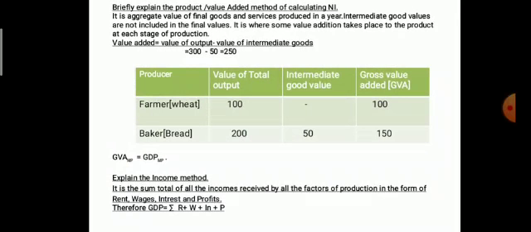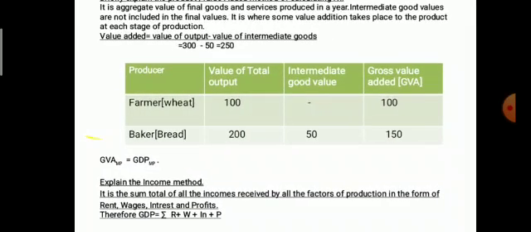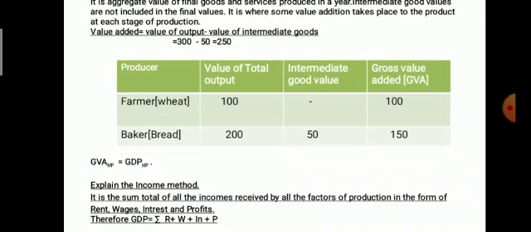We have shown it with an example. Just see here: a producer, for example a farmer, produces wheat. Say the value of total output of wheat produced by him is 100. Assume no intermediate good has been purchased by him. He may have had the seeds with him and used them, and gross value added is 100 only.